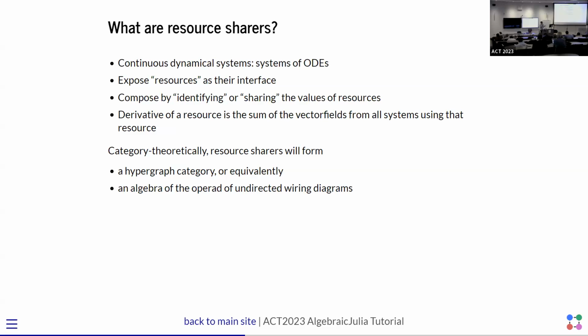In terms of the notions of interface we were talking about before, resource sharers are going to end up forming a hypergraph category, if we're thinking in terms of monoidal categories, or if we're thinking in terms of operads, they're going to be an algebra of the operad of undirected wiring diagrams. So it's really this latter approach we're going to be mainly highlighting. We're going to be looking at undirected wiring diagrams.